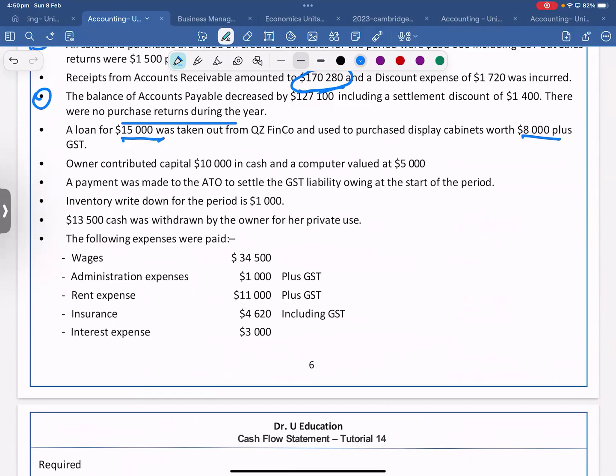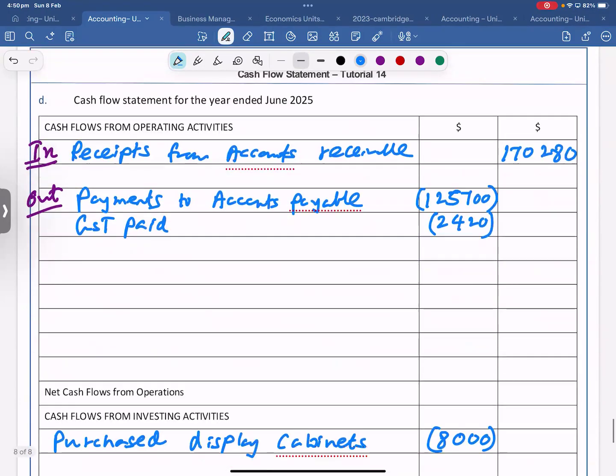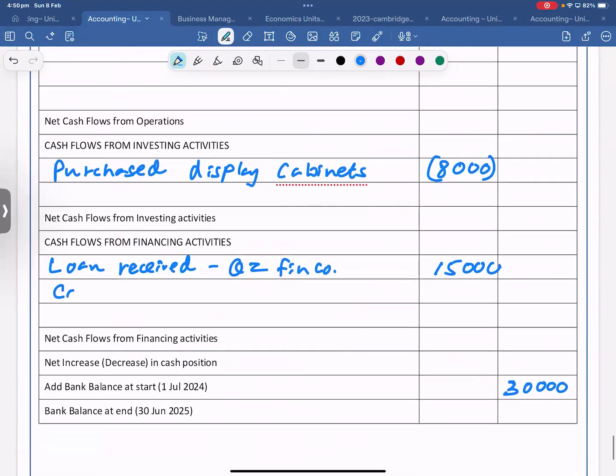Then the owner contributed capital of 10,000 in cash and a computer valued at 5,000. So what should we do? Financing inflow, capital contribution. What happened to the 5,000? Investing inflow?